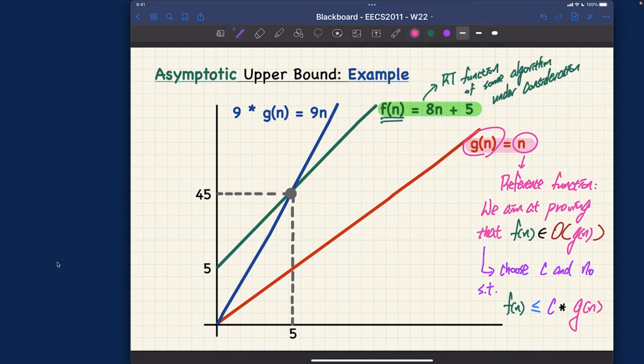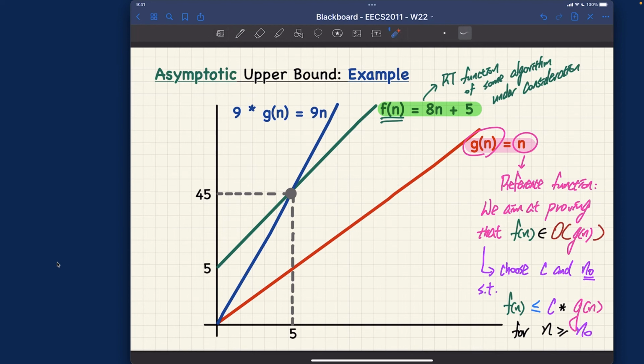And when does this upper bound effect occur? There's got to be a starting point for n, the input size, larger than or equal to the n0 that we have chosen, right? So that's the story.